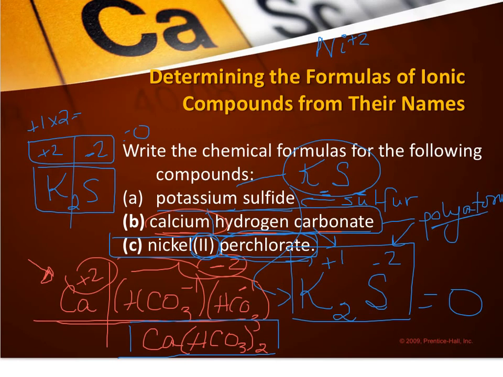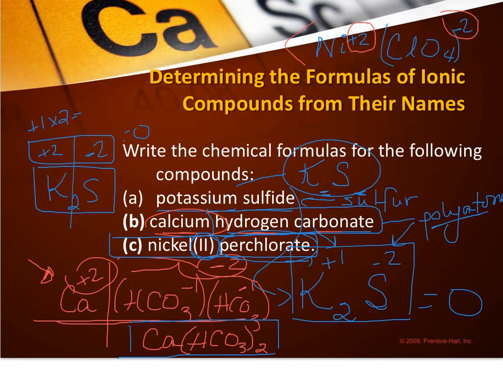It does not end in IDE, therefore it's not from the periodic table. It is a polyatomic. And when you look up the formula and charge for perchlorate, it is ClO4 with a -2 charge. Aren't we lucky? I love when that happens. So already, just writing each of these, the positive charge equals the minus charge. We're already balanced, so we don't have to do any extra subscripts.